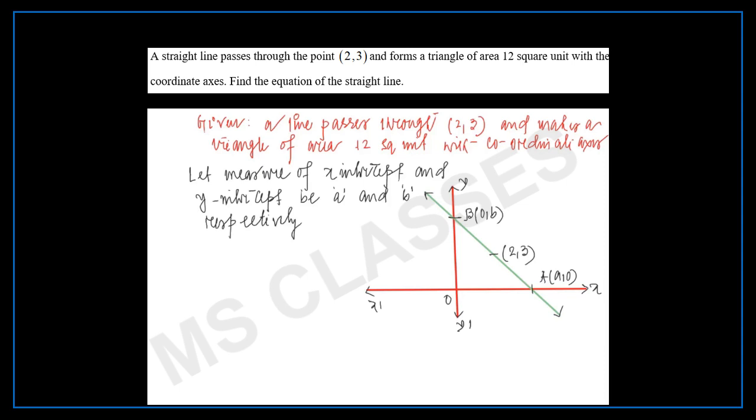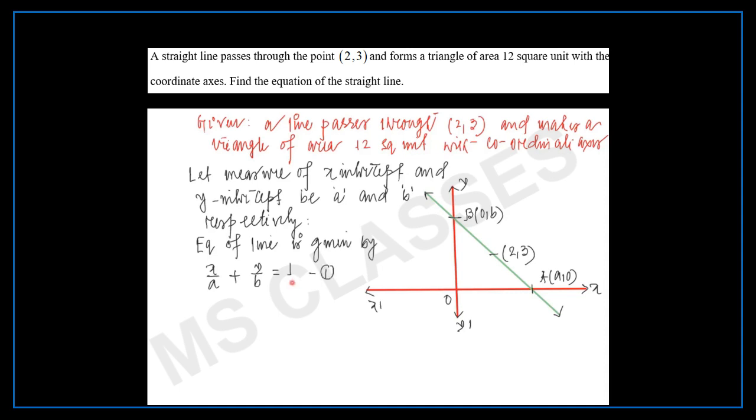Now we can write the equation of line. The equation of line is given by x by A plus y by B equal to 1. This we mark as equation 1.